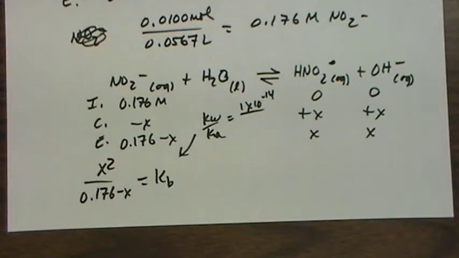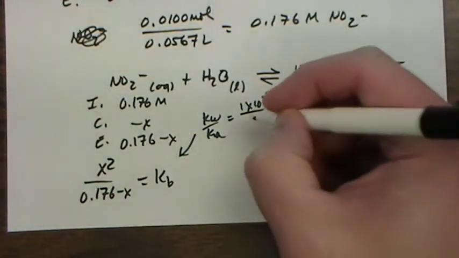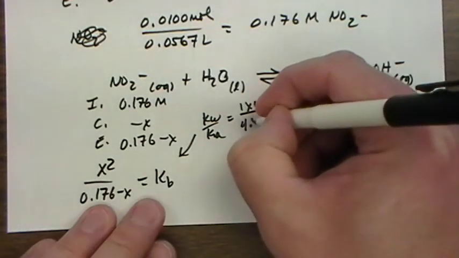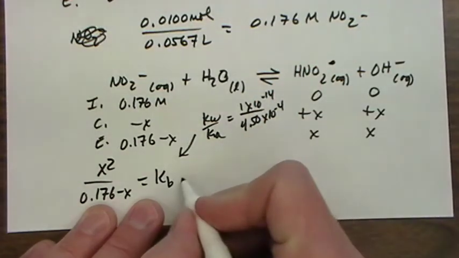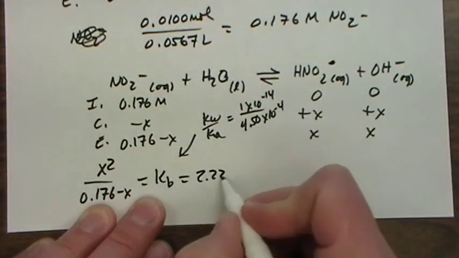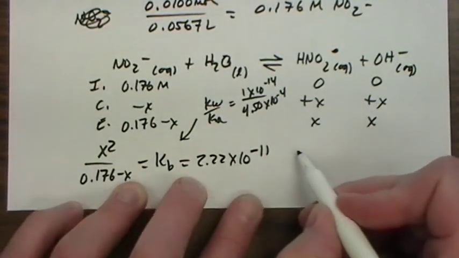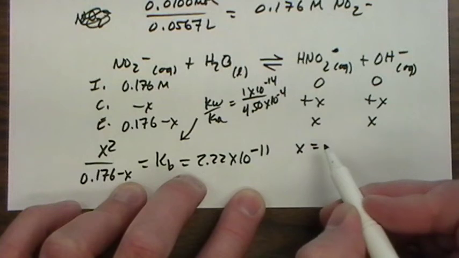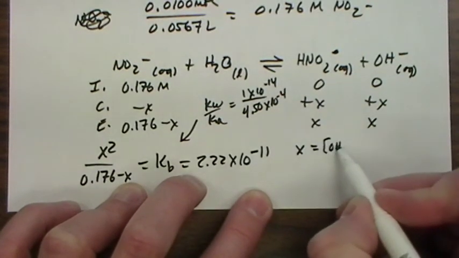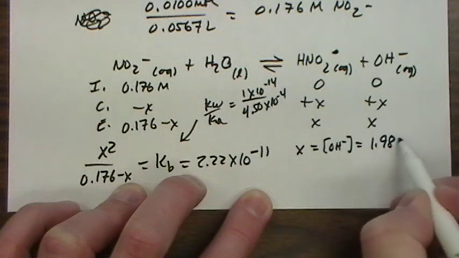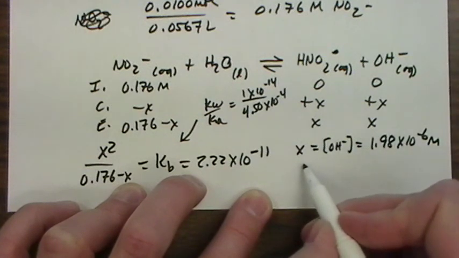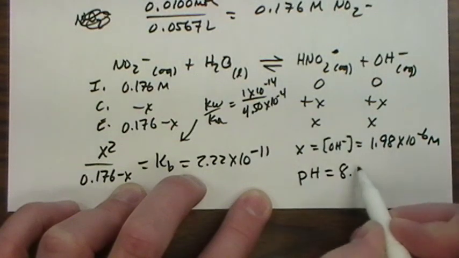Actually, I have the Kb number, but I want to have, nitrous acid is 4.50 times 10 to the minus 4, and that gives us a Kb of 2.22 times 10 to the minus 11. I guess I didn't have to do that, but I just wanted to show you where this Kb comes from. And then X is equal to the concentration of OH minus, which is 1.98 times 10 to the minus 6 molar. And your pH from that is 8.30.